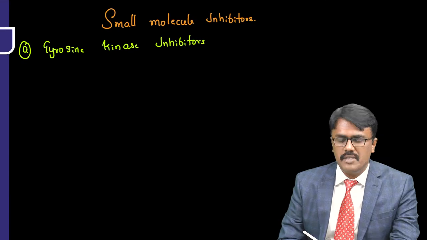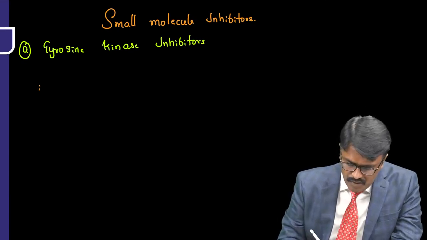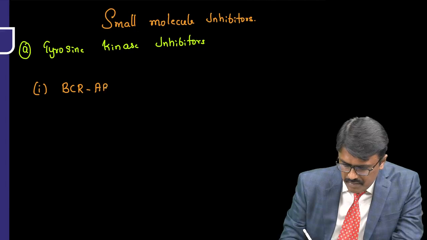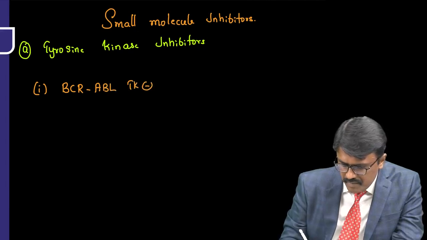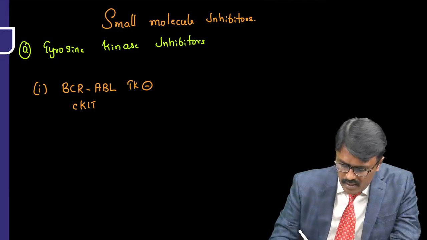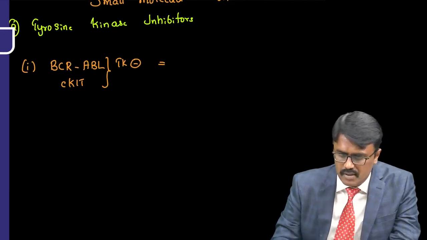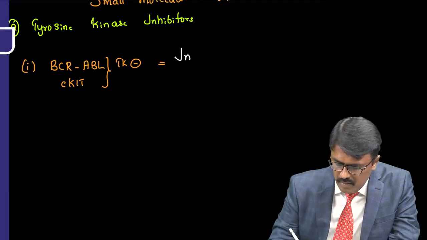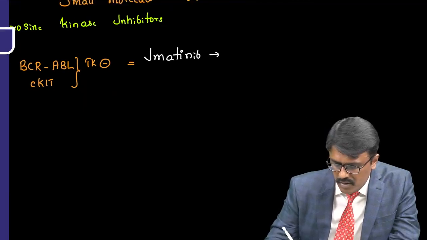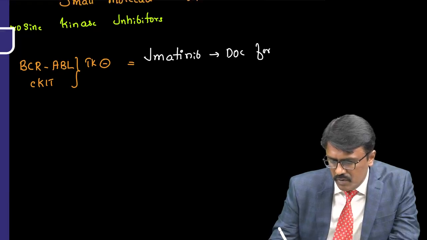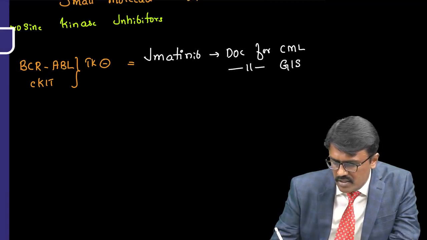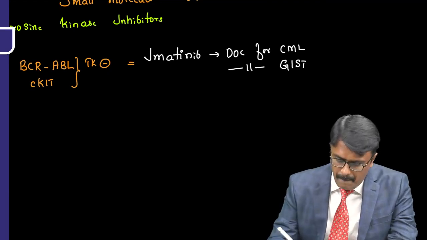Number one, we have the BCR-ABL tyrosine kinase inhibitor. It's also an inhibitor of c-KIT tyrosine kinase. Now these, you already know the name of the drug, and the beautiful drug name is imatinib. So imatinib is the drug of choice for CML. One of the wonderful drugs for CML. It's also drug of choice for GIST, gastrointestinal stromal tumor.